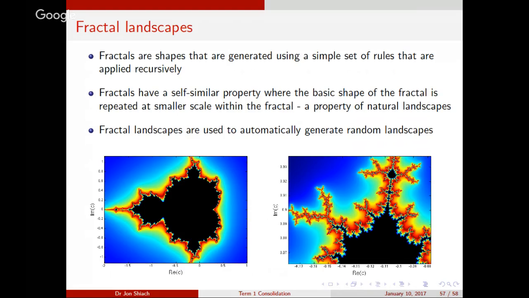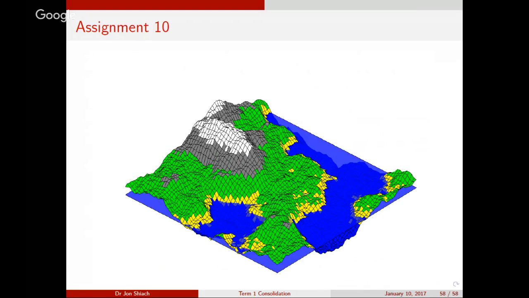Well, this self-similar property is shared by landscapes. Believe it or not, landscapes, hills, mountains have a fractal property. And so your final assignment is to write a landscape terrain generator. So this is what I've done. This is a fractal.